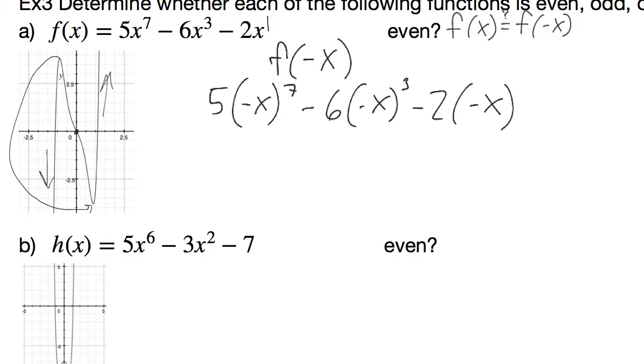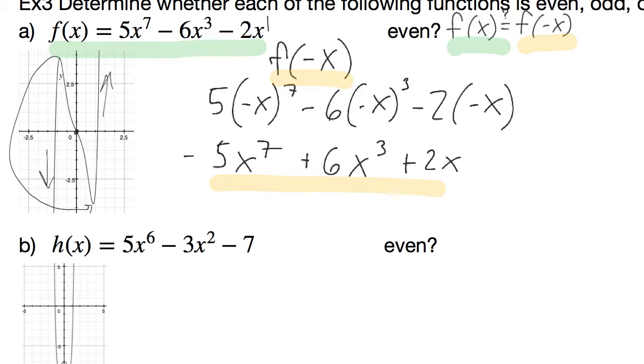You simplify all that, you get negative 5x to the 7th plus 6x to the 3rd plus 2x. In this case, the sign of each of the terms changes, and so that's what you're left with. So the real question is, is the green part equal to the yellow part? Is f of x equal to f of negative x? And the answer, you can see, is no. The two expressions are not equal to each other.